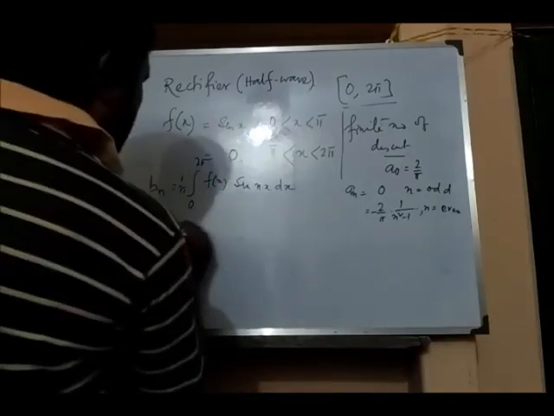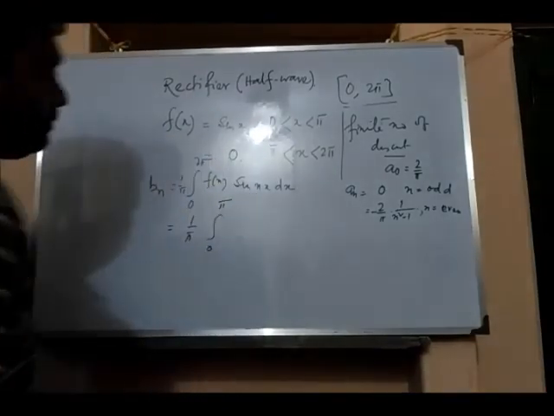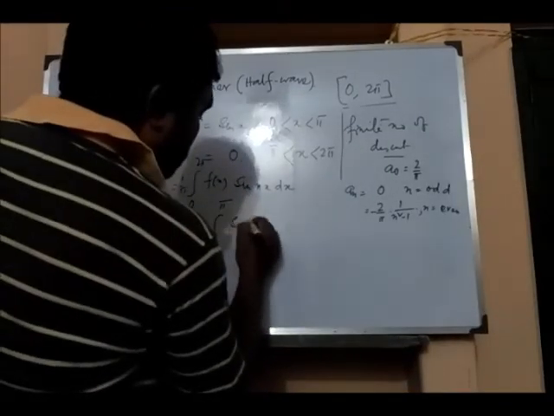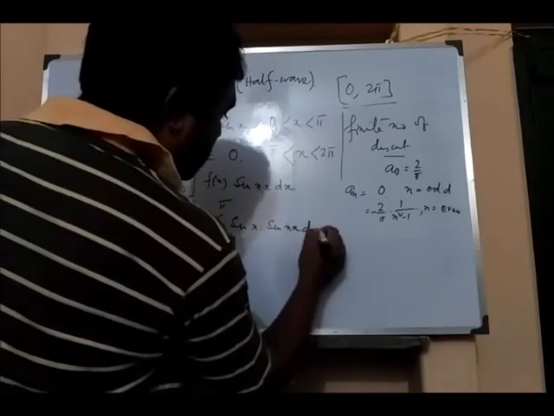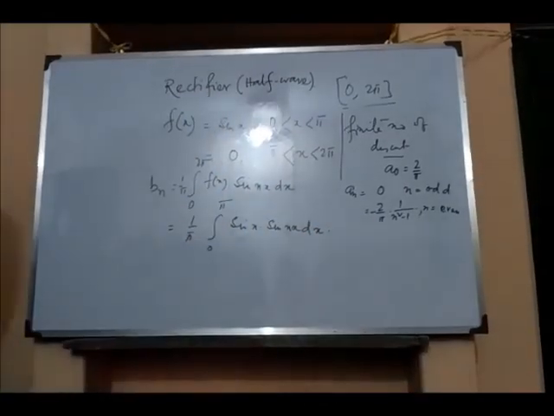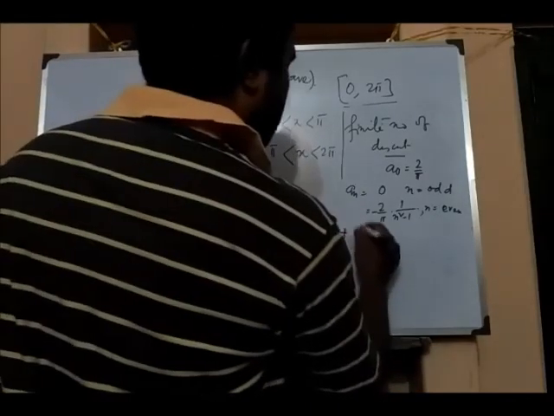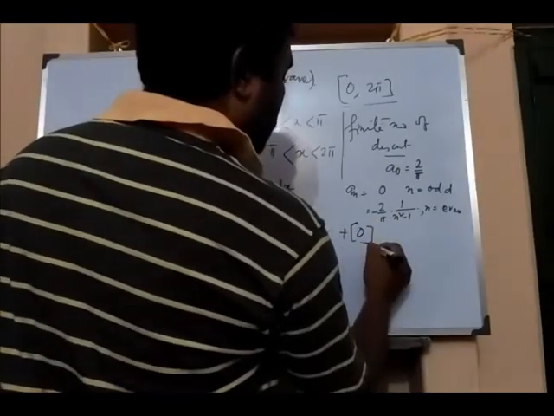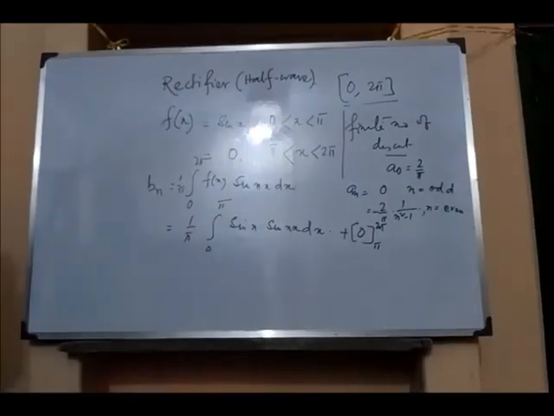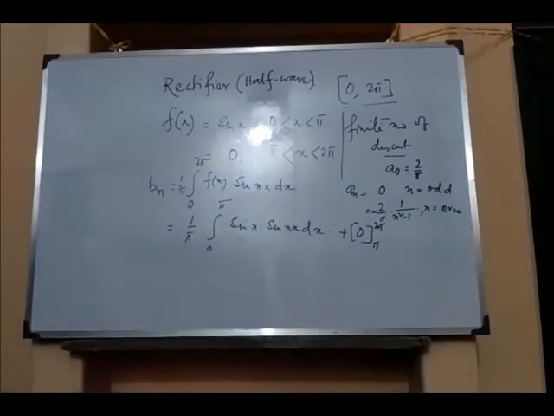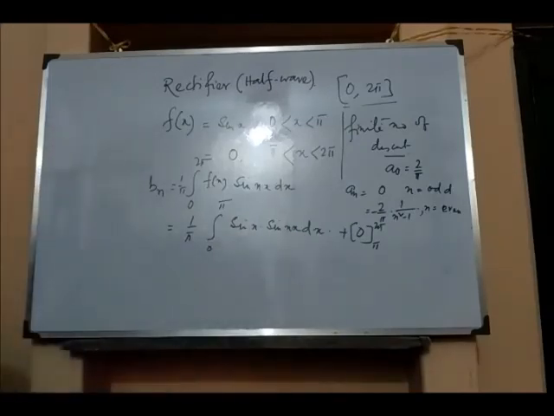So this will be 1 upon pi, 0 to pi sin x sin nx, plus another term 0 for pi to twice pi. Now, what is the value of this sin x sin nx dx?